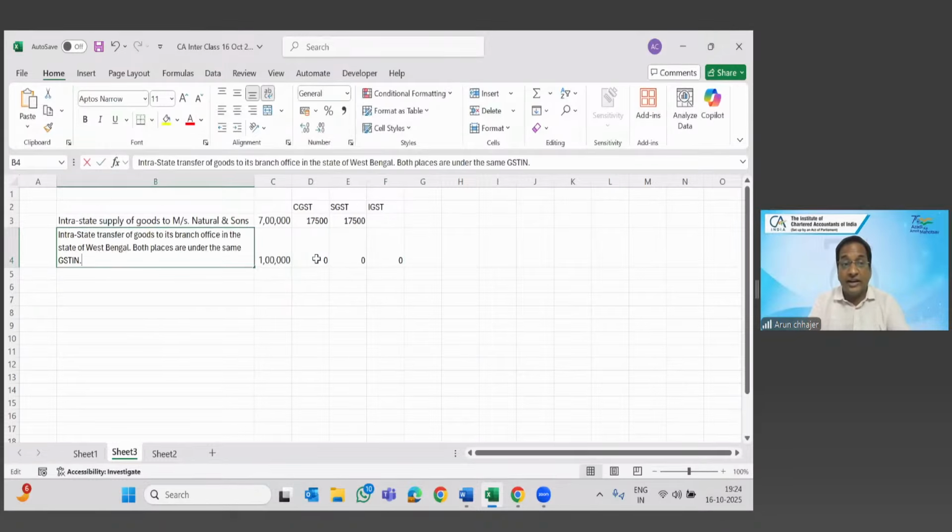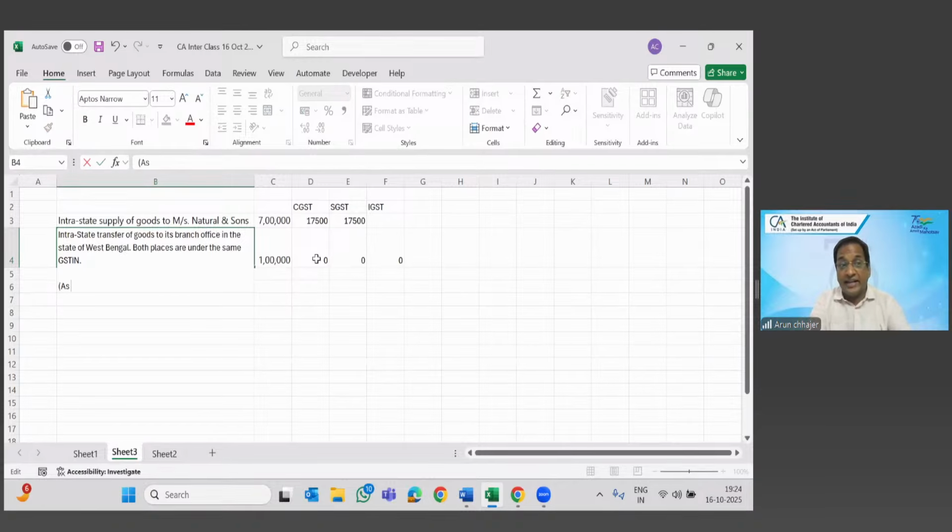What logic will you write? As per Schedule 1, Para 2, supply of goods or services between distinct persons is taxable even without consideration. Correct?